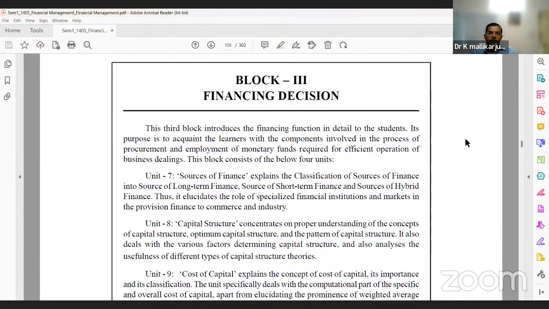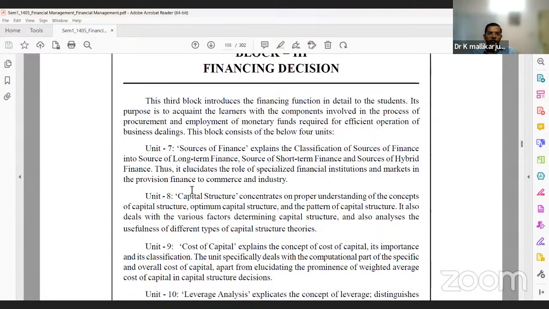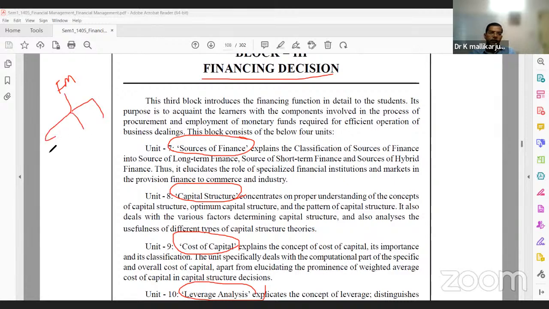After that, tomorrow we'll start block 3. In block 3 also there are 4 topics: source of finance, which is the theoretical part, capital structure, cost of capital, and leverage analysis. As I told you earlier, in financial management there are 3 functions: investment function, finance function, and dividend function.